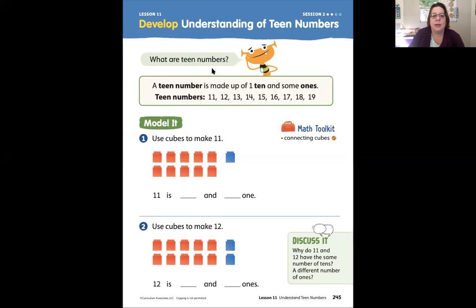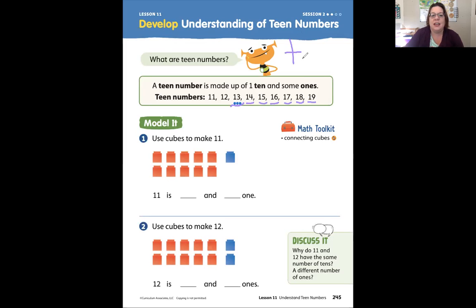Well, a teen number is made of 1 ten and some ones. Teen numbers: 11, 12, 13, 14, 15, 16, 17, 18, and 19.